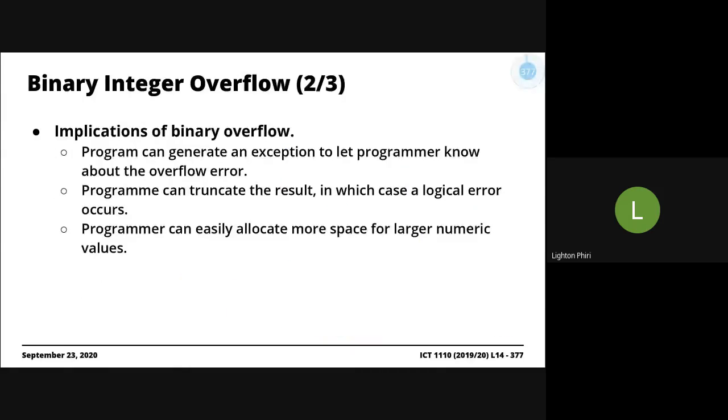Some programs will generate an exception or an error to let you know that there's a problem with the computation, right? The storage space is just not sufficient to hold the resulting value. So you get an exception, usually in a user-friendly manner.